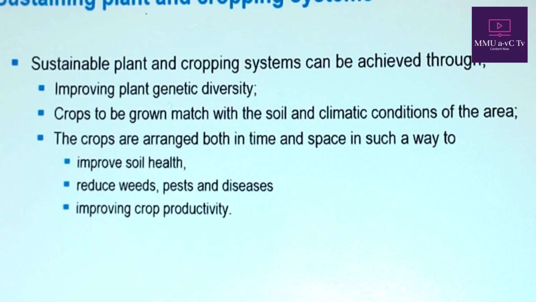Crops to be grown should match with the soil and climatic conditions of the area if production is to be sustainable. It is because of this mismatch that in most cases you find reliance on external inputs, trying to create a situation that can favor the crops which have been grown out of scope.